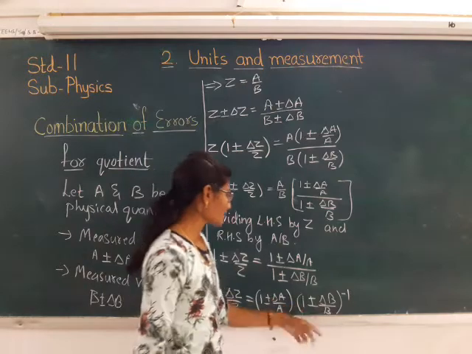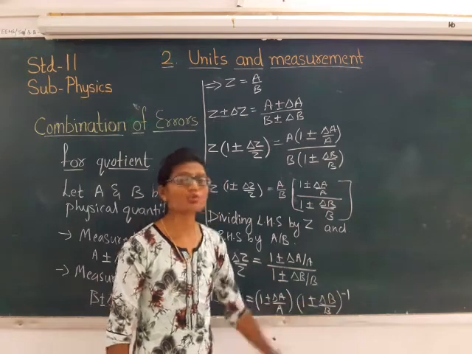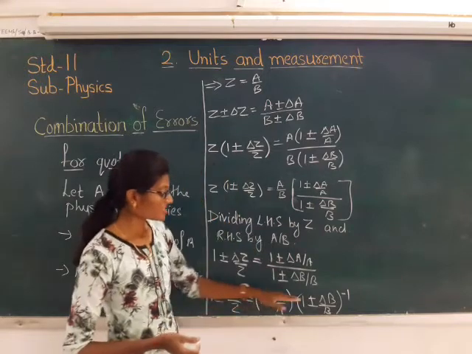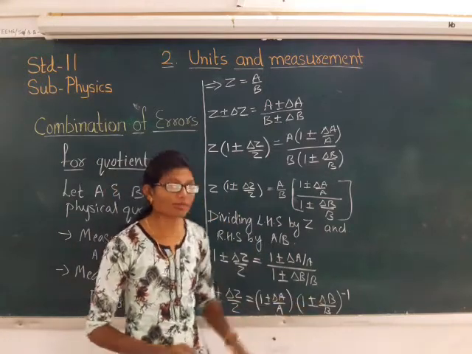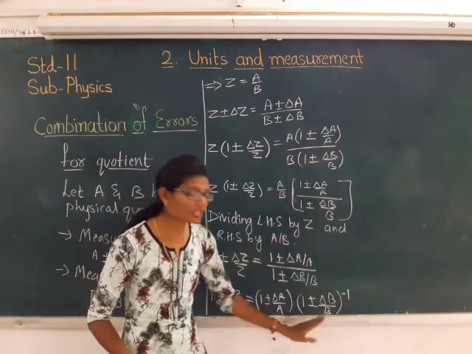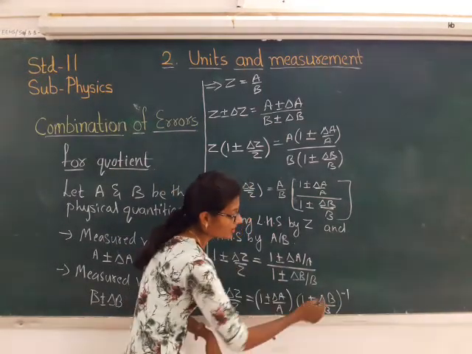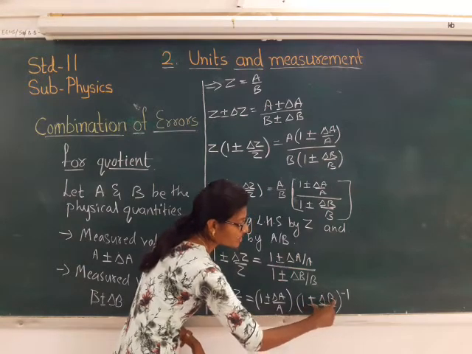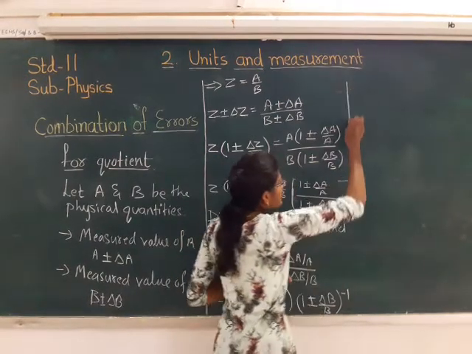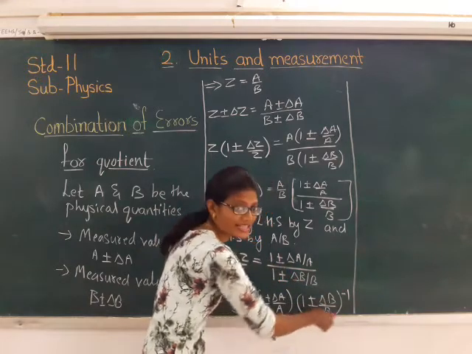Now I need to solve this term, 1 plus minus delta B by B raised to minus 1, by the binomial expansion. But since binomial expansion might not be known for the biology group, and it will be very tedious, you just need to remember: multiplying this power, that is minus 1, with this second term, you will be getting the answer.